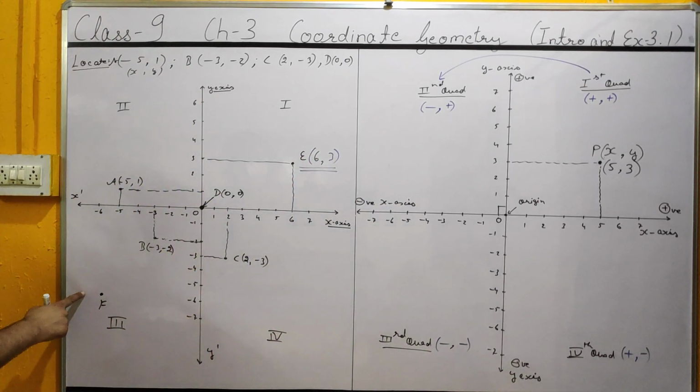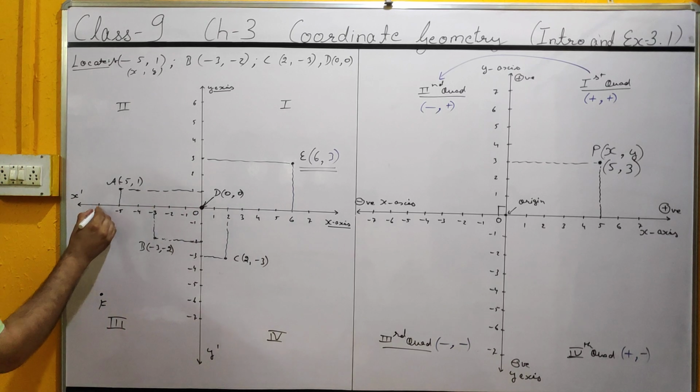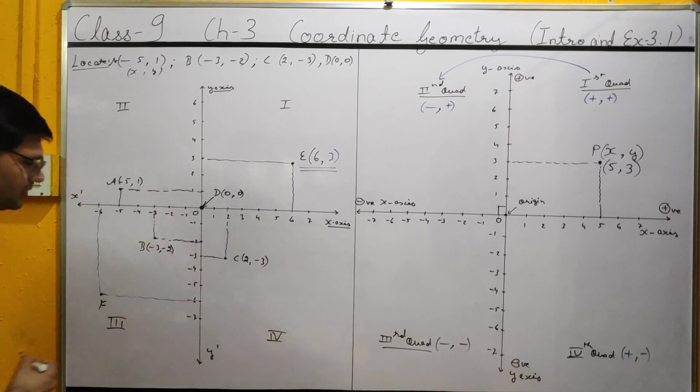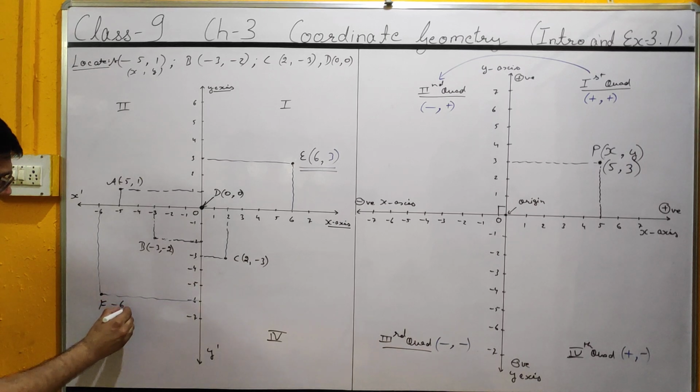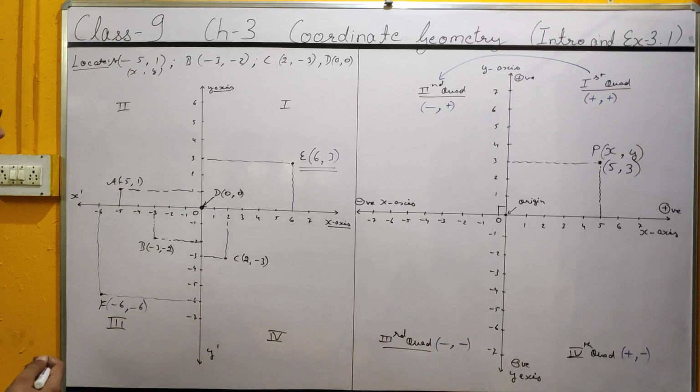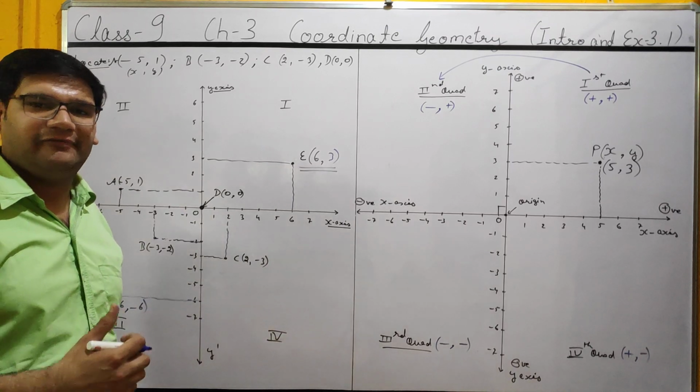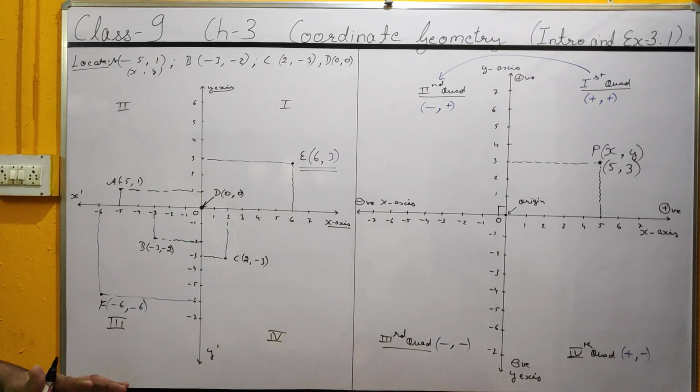Now for F point, for x-axis, first of all we will check -6 and here also -6. So (-6, -6), these are the coordinates of the point F. Alright, so in this way the questions will come.